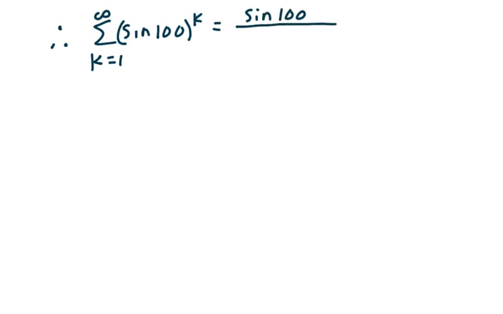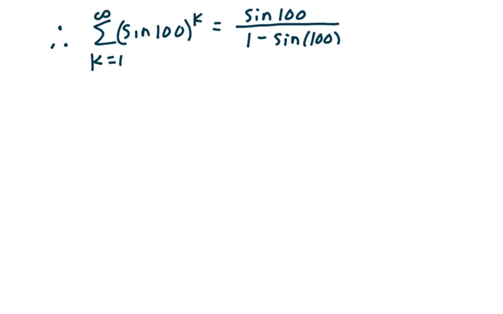So we're going to get the summation from k equals 1 to infinity of sin(100)^k. So this is sin(100), that's a, divided by 1 minus sin(100). And so that's a over 1 minus r. And that's fine for that.